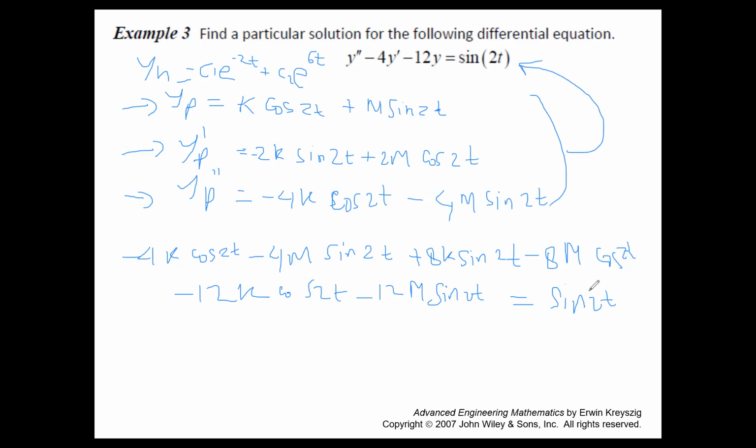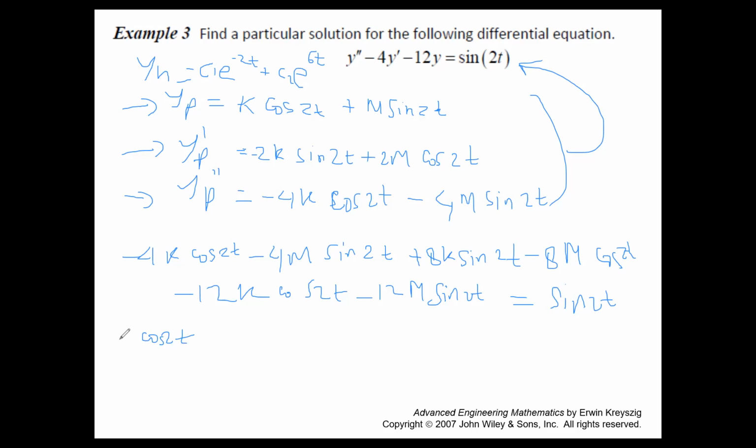Since there is no cosine term, you will see that they will also be cancelled on the cosine term, so we can just deal with this one, minus 4 cos 2t. What's the coefficient of cos 2t over here?